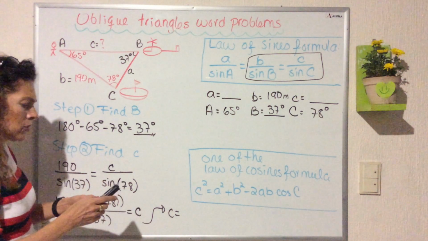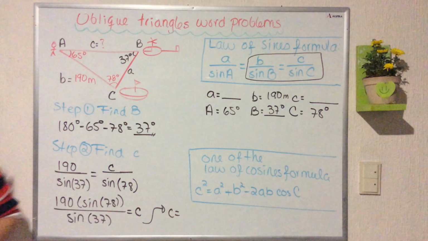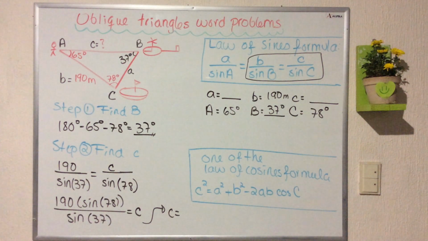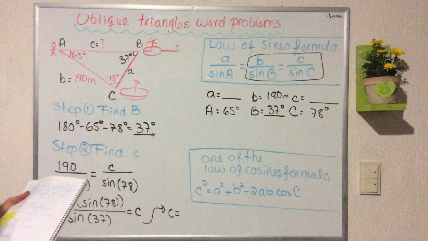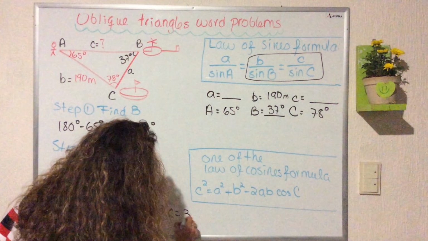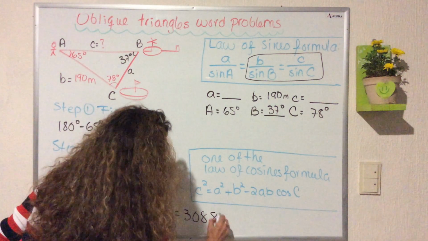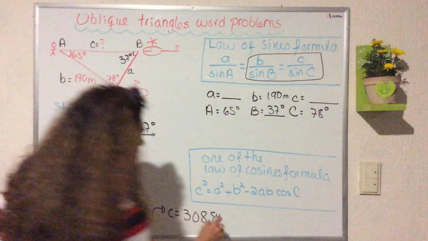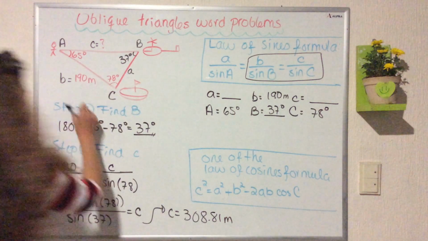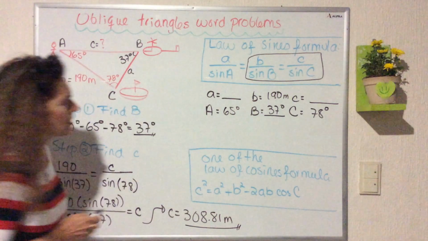So check that your calculator is working with degrees. Okay? And once you get the answer, I already have it here. You're going to get 308.81. And what, dear students? Meters. Okay, because here they are giving us meters, so we have to get meters.